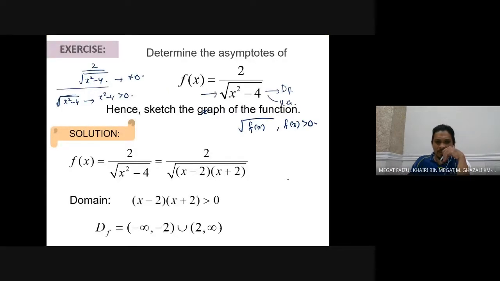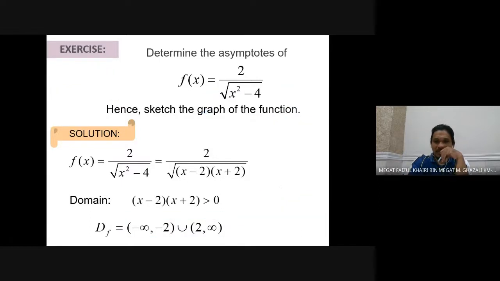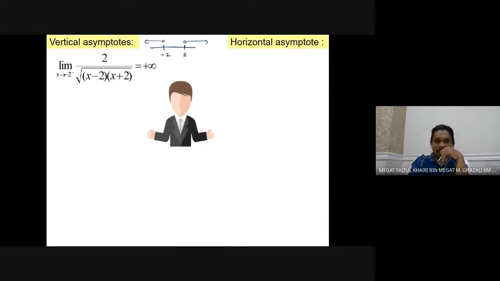Representing the whole of this on a number line, we have -2 and 2.